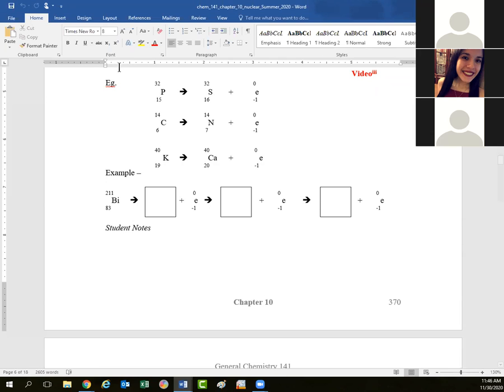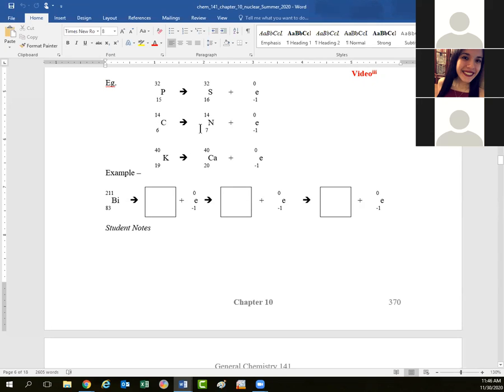A couple of quick examples. Phosphorus 32, losing a neutron but gaining a proton. So the mass stays the same at 32, but it's now 16 protons, which makes it an atom of sulfur, and the electron is ejected. Carbon 14, neutron changing into a proton.